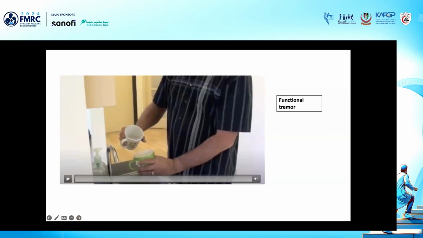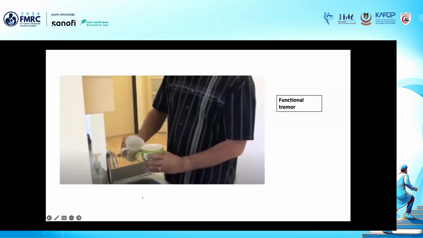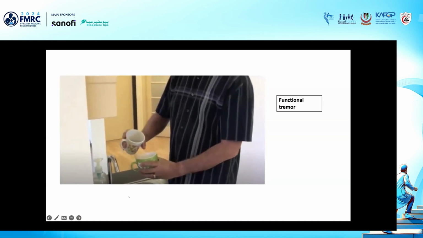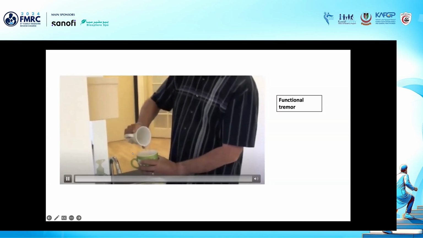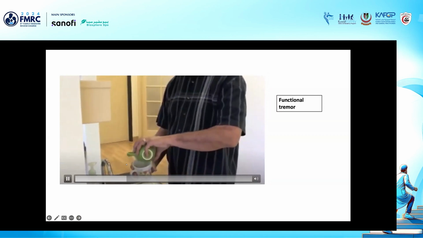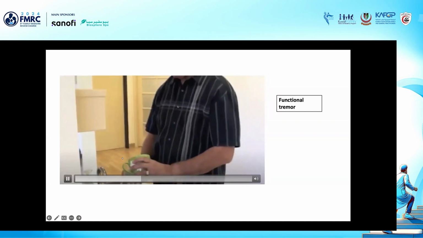And this is a functional tremor. Why? Because, which we called previously psychogenic. You can notice that the tremor only happens with one angle; when he's asked to change the angle of the cup he's holding here, the tremor disappeared.